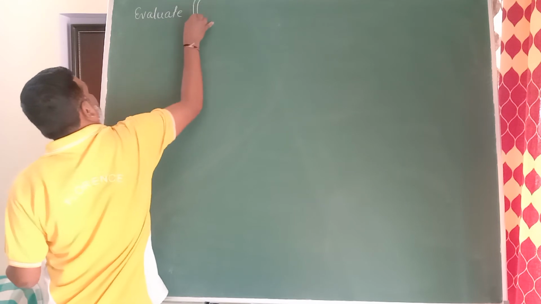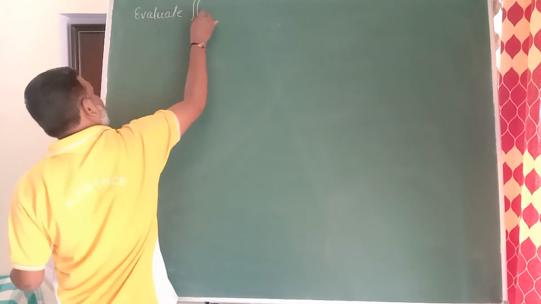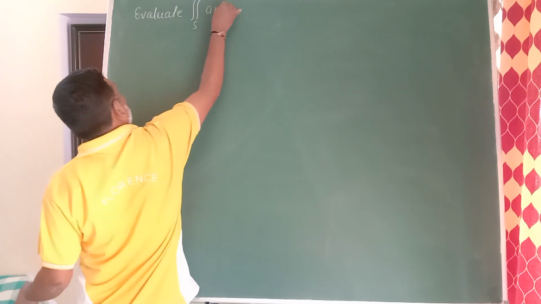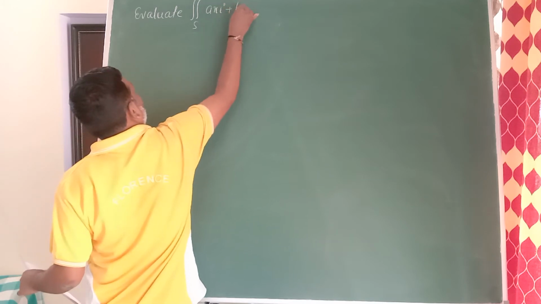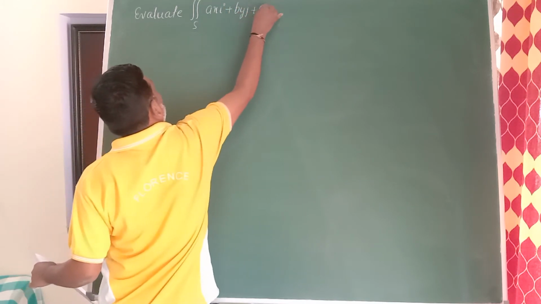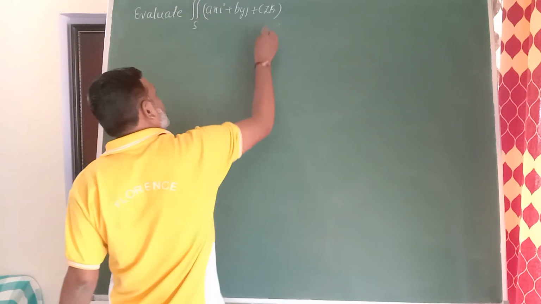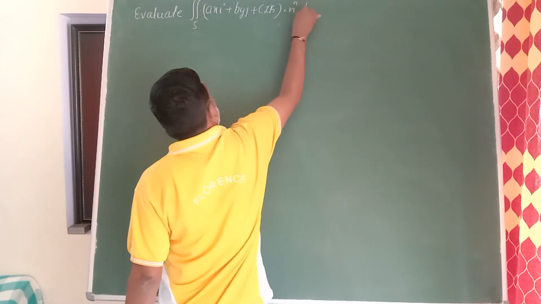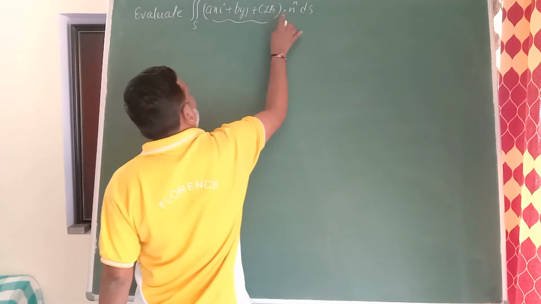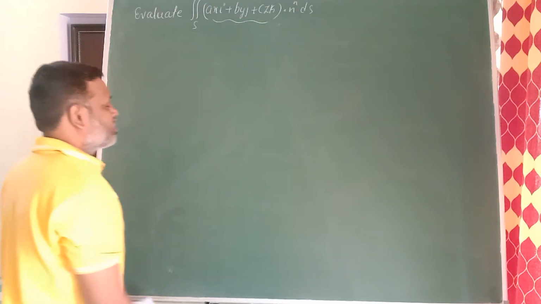So the double integral over S of (ax i plus by j plus cz k) dot n cap dS. So this is in the form of F dot n cap into dS, right?